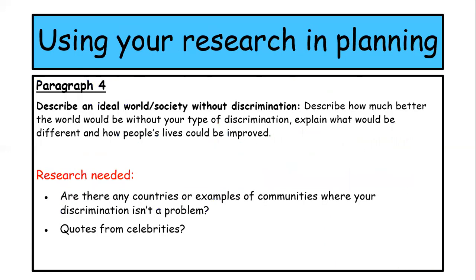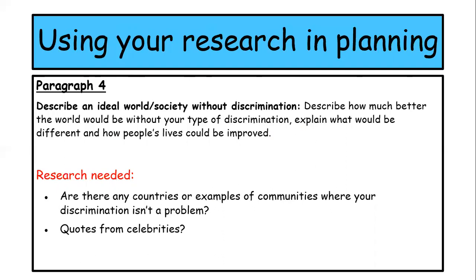Finally, paragraph 4. This is your hopes for the future. This is the world being a better place without this type of discrimination. So how it would be different. Think back to Martin Luther King Jr.'s speech where he had a dream. You can use those techniques in here. So is there a country or a community where they don't have a problem with this type of discrimination?